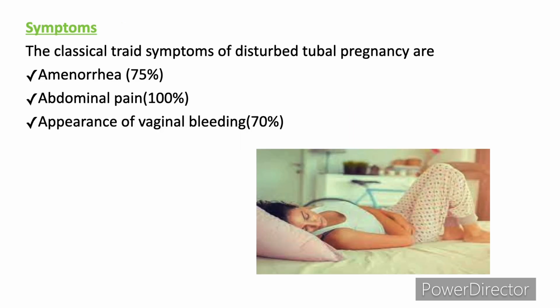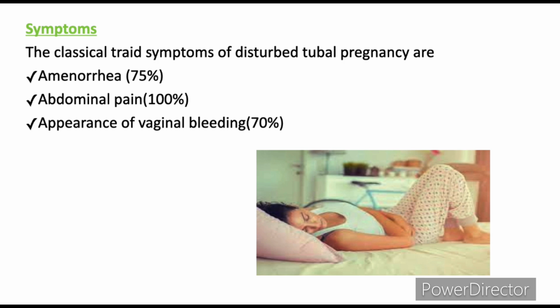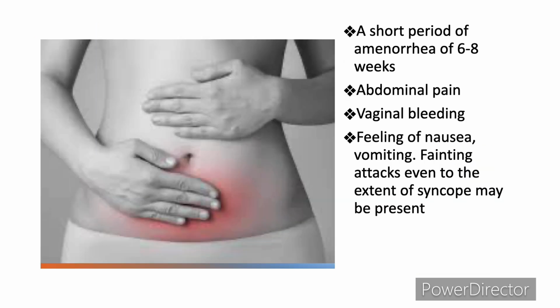The classical triad of symptoms of disturbed tubal pregnancy are amenorrhea, 75%, abdominal pain, 100%, and appearance of vaginal bleeding, 70%. Symptoms include a short period of amenorrhea of 6 to 8 weeks or a delayed period or slight spotting on the expected date of period is usually present.